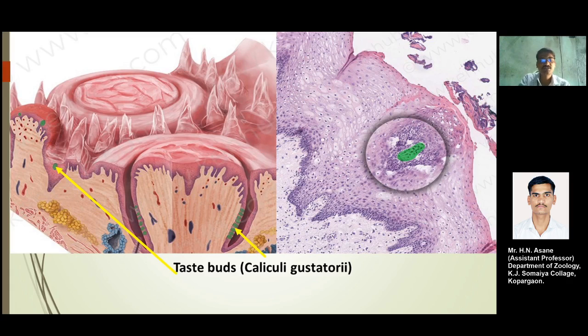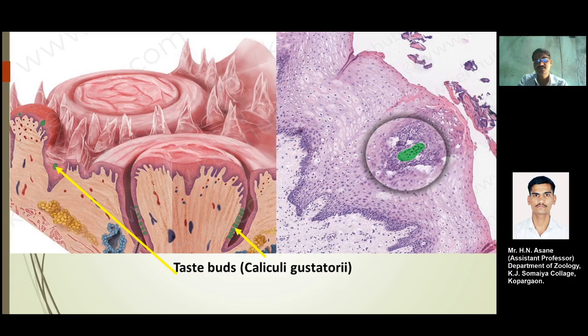As you can see, the ventral sections show the taste bud locations on each papilla. These gustatory cell clusters are what we know as taste buds. In the next picture, a section of the papillae confirms the location of the taste buds.